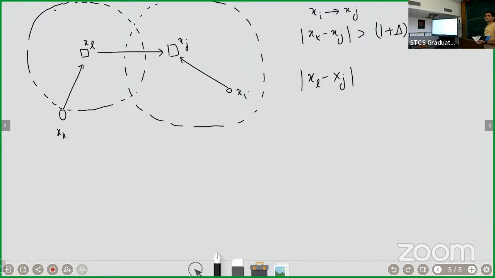Xi and Xk have to be far apart. Okay. But that's what I'm asking, in terms of Xi, Xj, Xk and Xl. Triangle inequality, that's all there is. Nothing more.